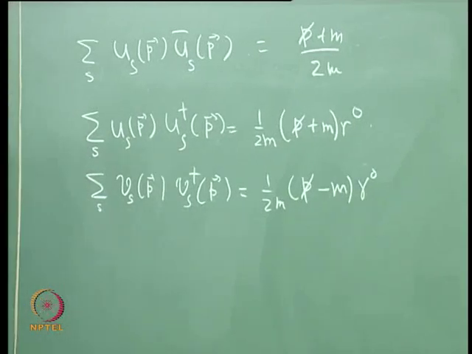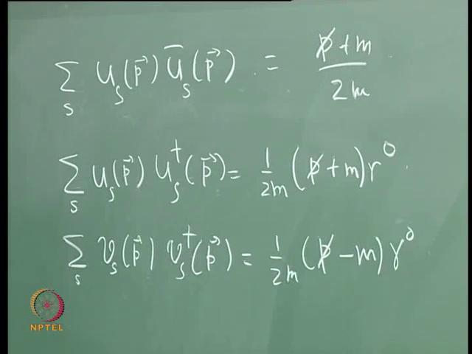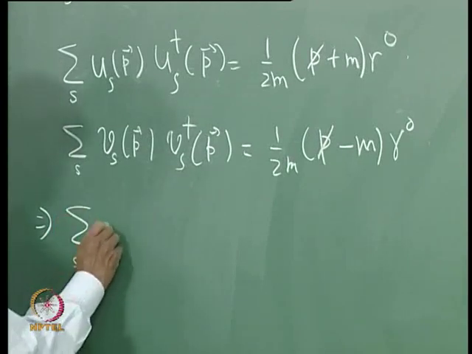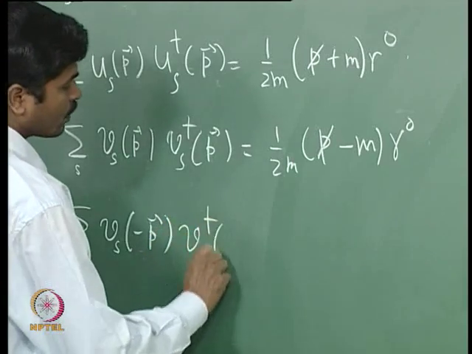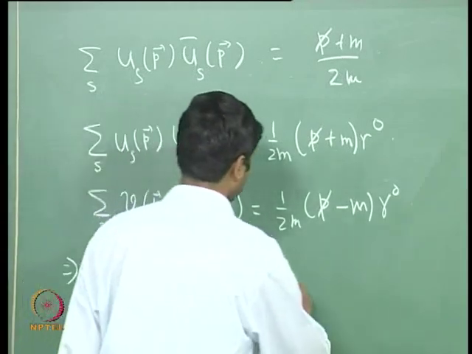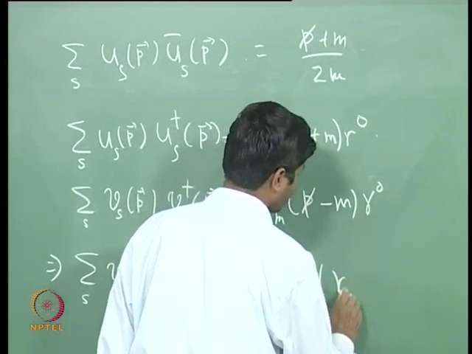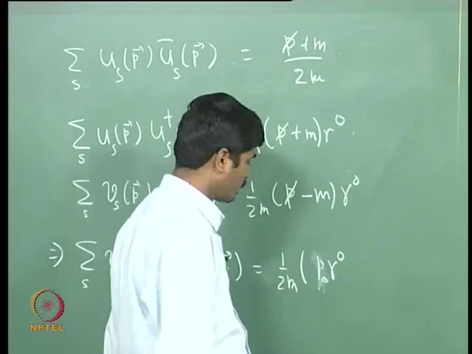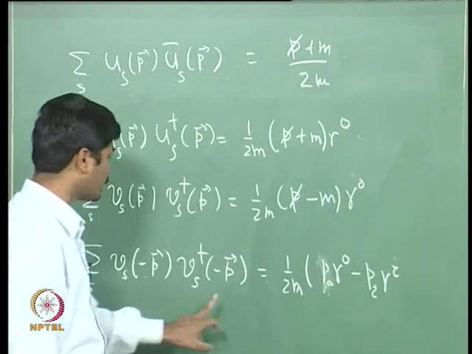What we want instead is v_s(-p) v_s dagger(-p). So the second line implies the sum over S of v_s(-p) v_s dagger(-p) is equal to 1 over 2m (p0 gamma 0 minus p_i gamma I, because of the minus here.